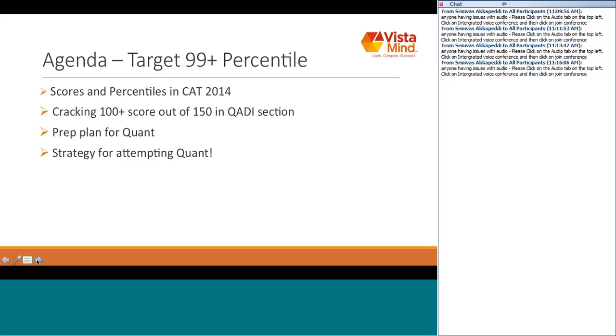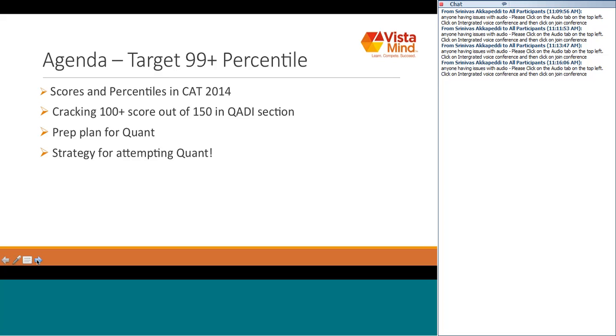I'm not trying to scare anybody away, but the point I'm trying to make is, even if you have 70% or 80% of the knowledge of the area, but you know the perfect strategy for attempting the quant area, chances are you will get much more marks than a person who is really 100% good at quant but has a bad strategy in the quant exam. So this area is also going to be very important for our discussion today.